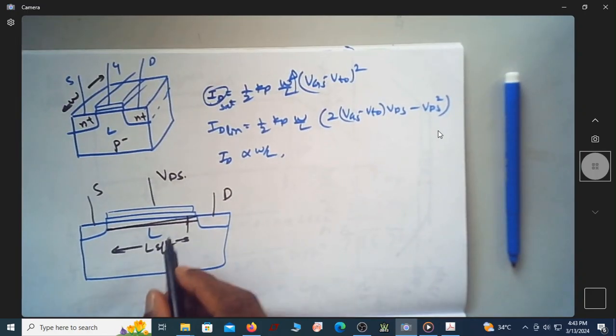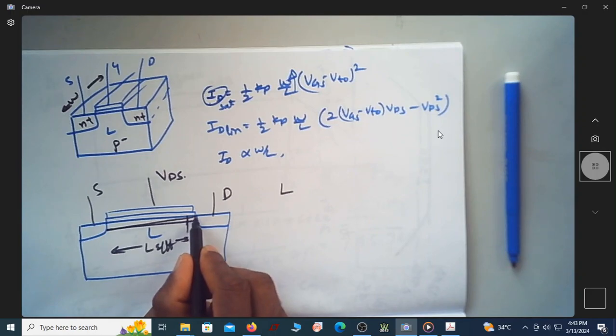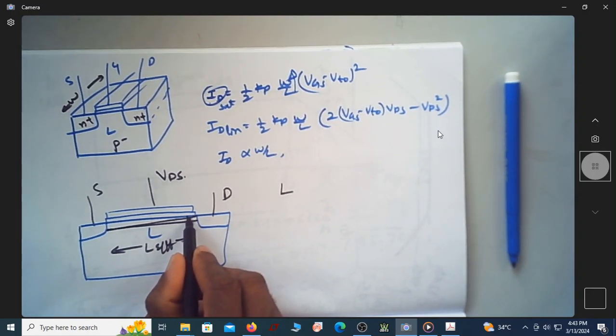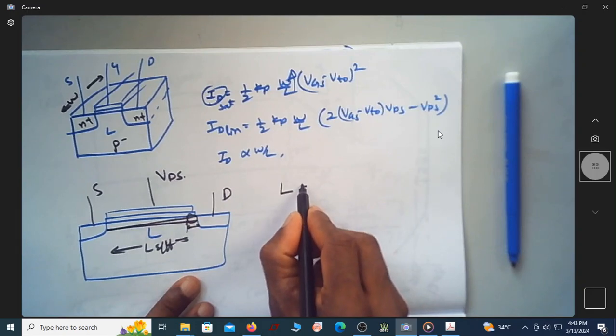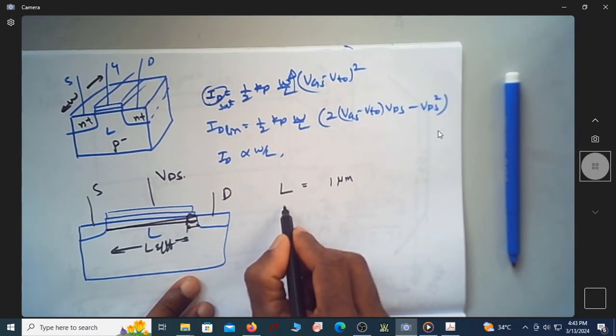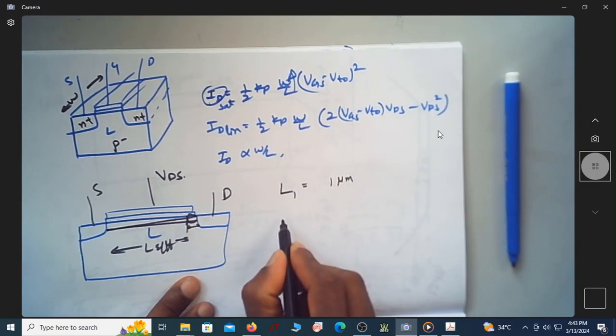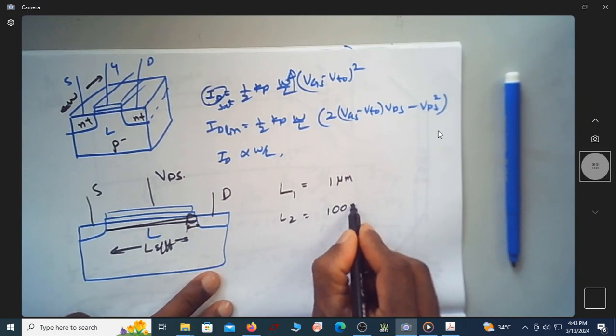Usually we know that the pinch region will be a very small quantity. So let us assume that the length of one transistor is something like 1 micrometer, L1, and L2 is like 100 nanometer.